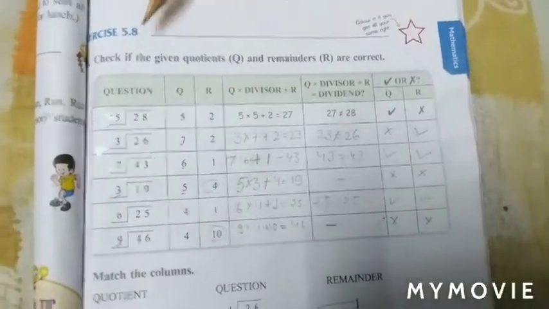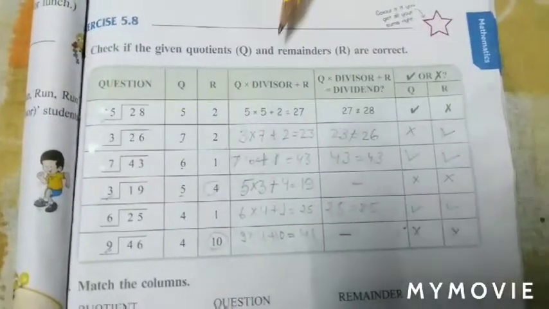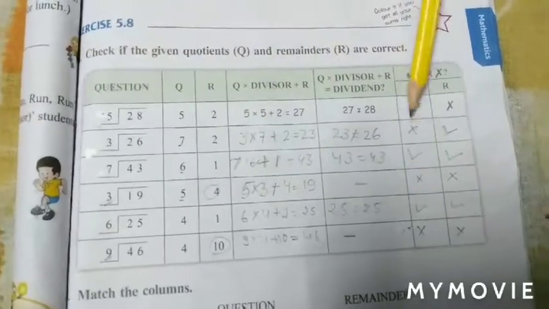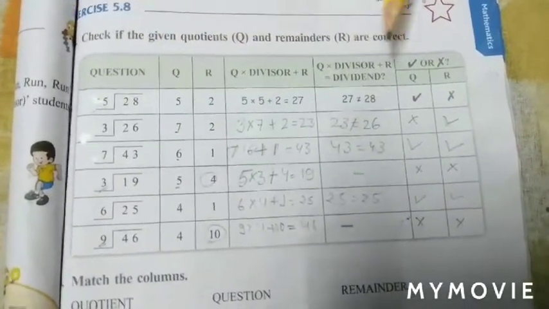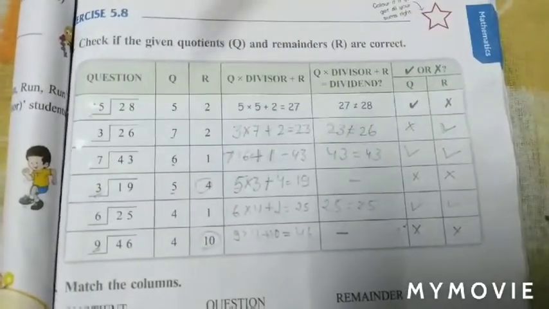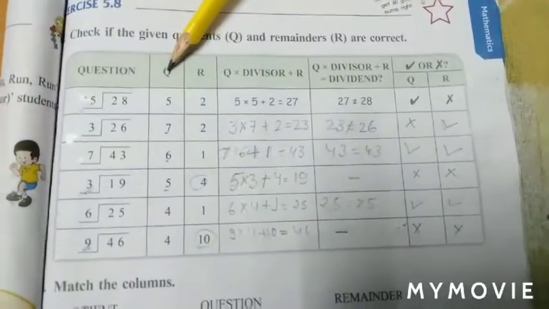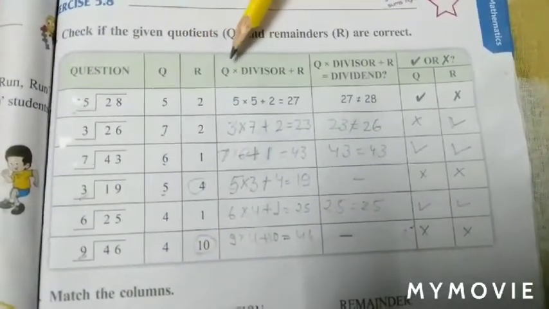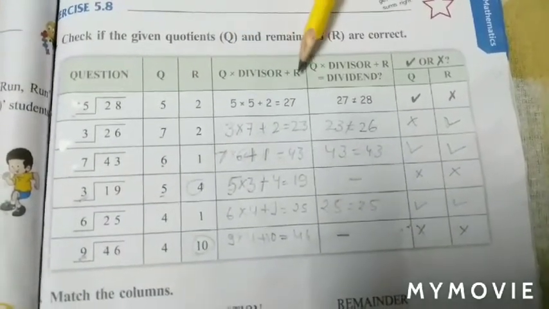Let's start exercise 5.8. Check if the given quotients and remainders are correct. In this question, a table is given with 6 columns. The first column is for the dividend, the second column for the quotient, the third column for the remainder, and the fourth column for the formula: quotient into divisor plus remainder.